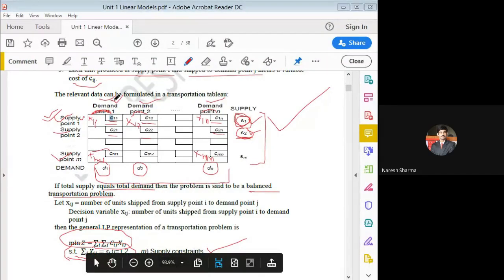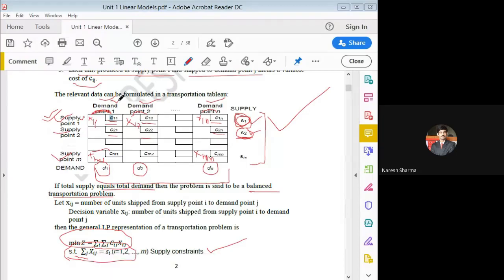Similarly, we have the demand constraint also, because a factory or warehouse or demand point 1 requires at least D1 units. Similarly D2 units, or Dn units, we must always complete their requirement, right?